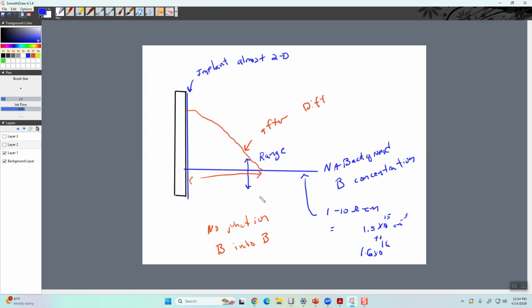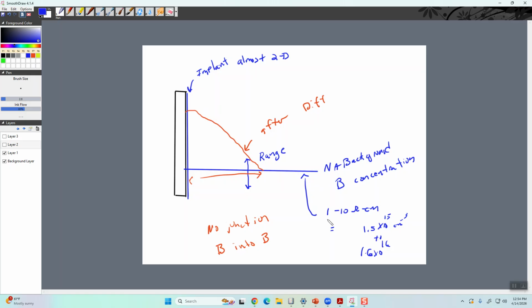So there can be no junction because we're going to have p-type to p-type, or I have boron diffusing into boron. So you can have a concentration gradient, but then as soon as you get to the background concentration, it doesn't change.